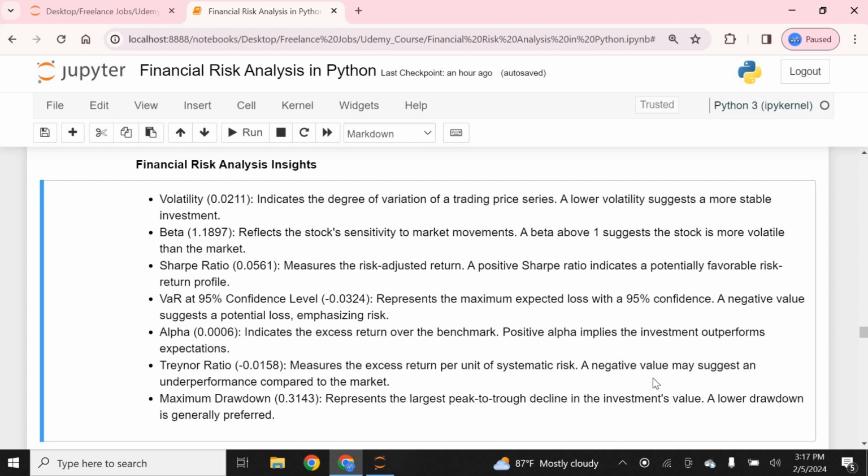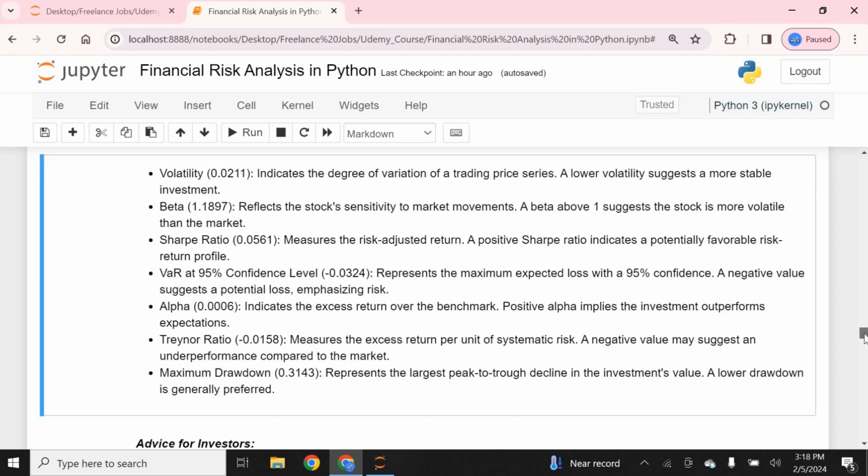A negative value may suggest an underperformance compared to the market. We are comparing Apple against the S&P, and the S&P is the market, right? Now the maximum drawdown of value 0.3143 represents the largest peak-to-trough decline in the investment value. A lower drawdown is generally preferred.